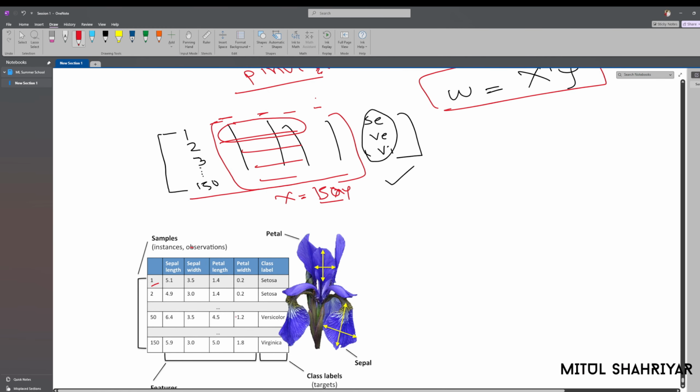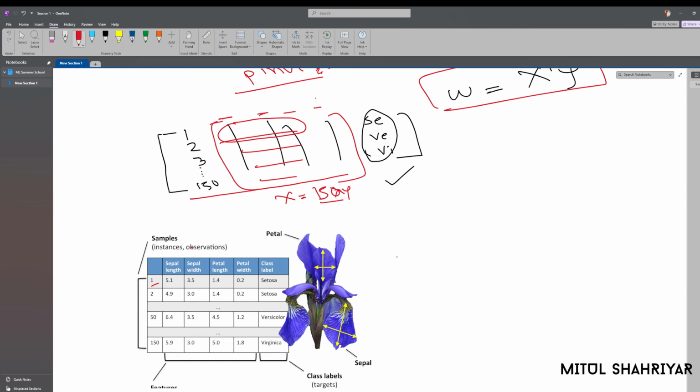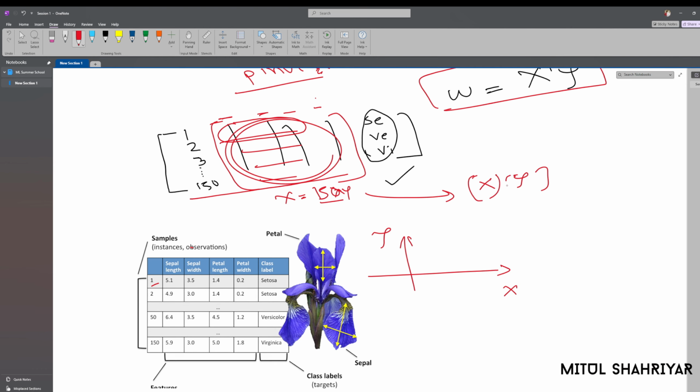Our goal is to represent the data in 2 points, x and y, in the x and y axes. Understand that. If from this data we can somehow manage two values, x and y, in a matrix, whatever format it is, we can just plot it here.